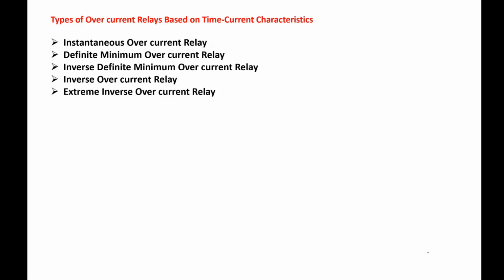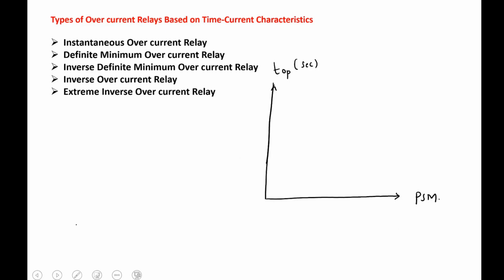Next article is types of overcurrent relays based on time current characteristics. What is the operating characteristic of an overcurrent relay? We have already seen that the operating characteristic is the curve between operating time versus plug setting multiplier, with the x-axis being the plug setting multiplier and the y-axis being the operating time, usually in seconds.